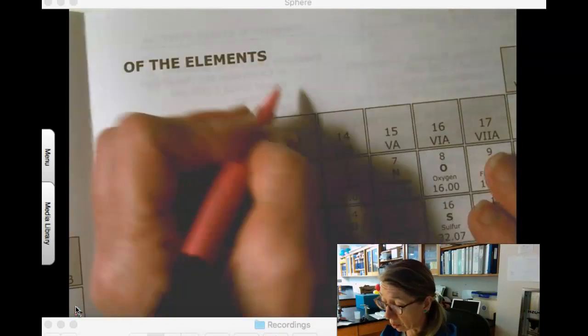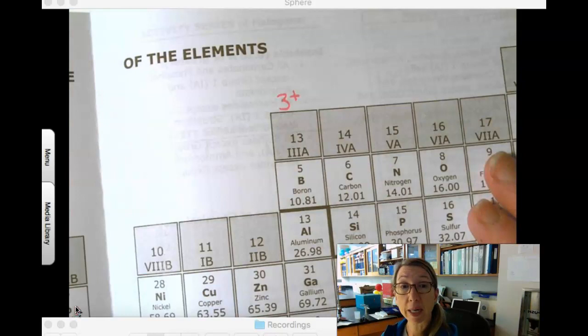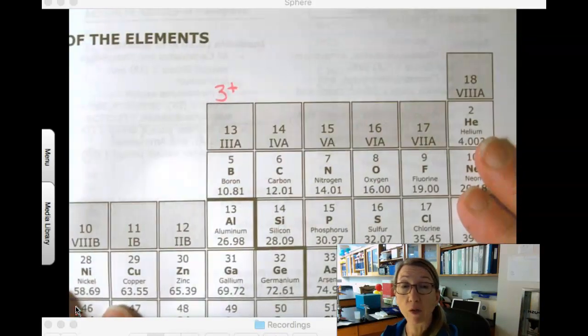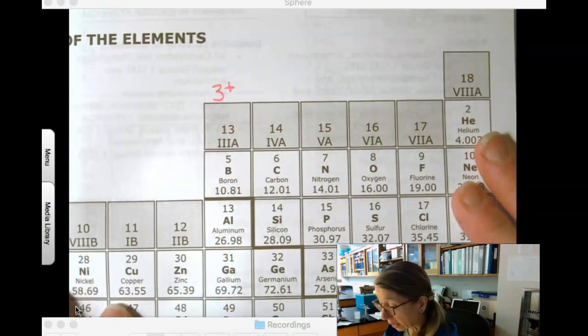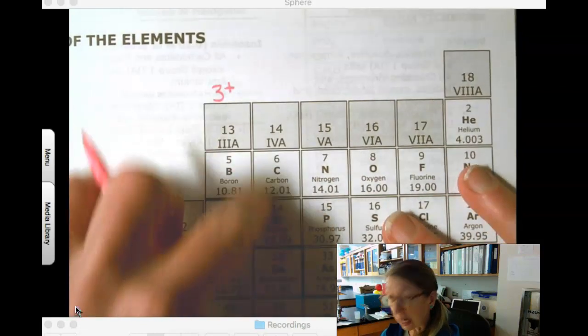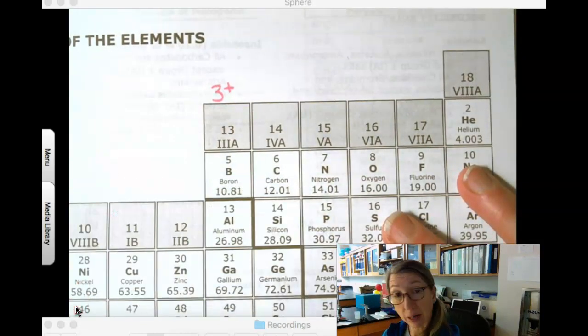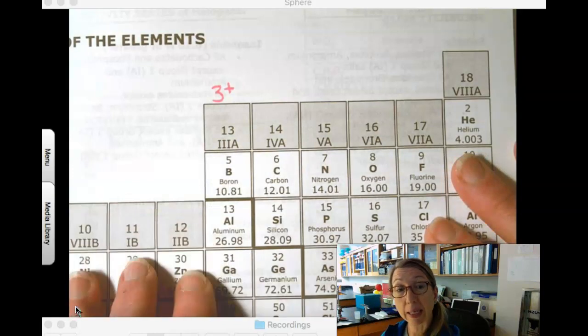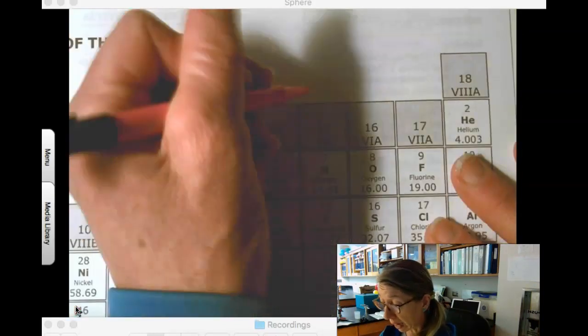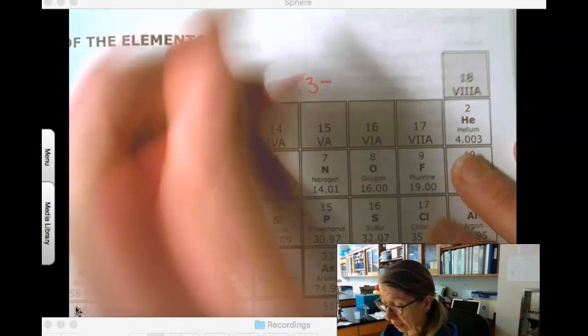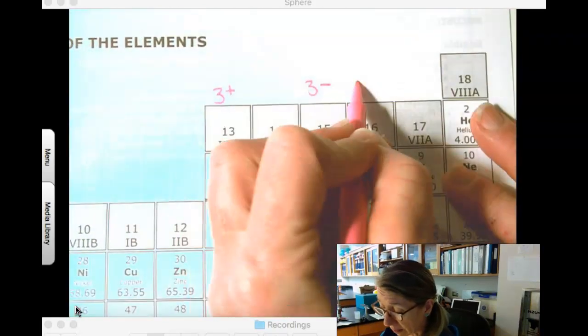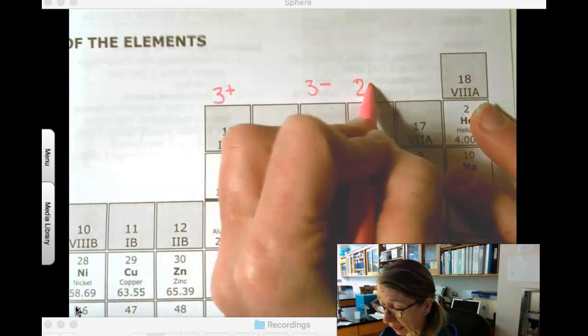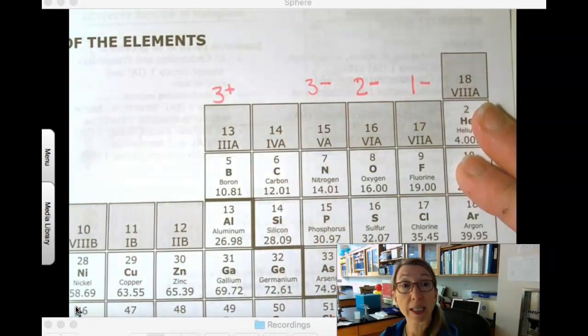We're going to go right here. The boron family is +3. Now the carbon family, since they have 4 valence electrons, they can actually go both ways. The nonmetals tend to gain, the metals tend to lose, and that is a little trickier than we're going to do in this class. So we're going to skip over that, and the nitrogen family tends to gain 3, the oxygen family tends to gain 2, and the halogens tend to gain 1.